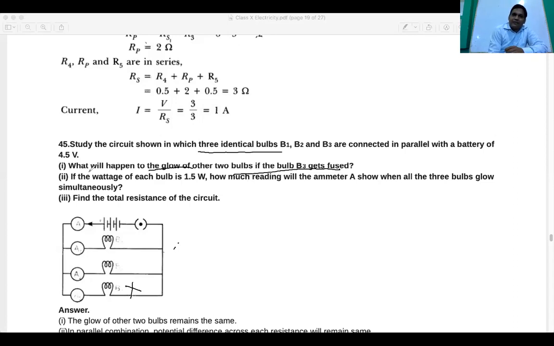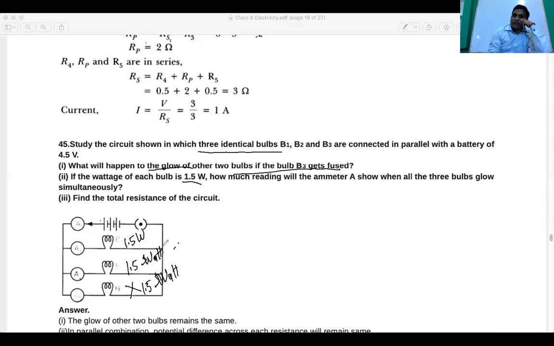Now, if the wattage of each bulb is 1.5 watt, how much will be the reading of the ammeter when all three bulbs glow simultaneously? If they have given 1.5 watt, you can calculate the resistance, or you can calculate the current directly.